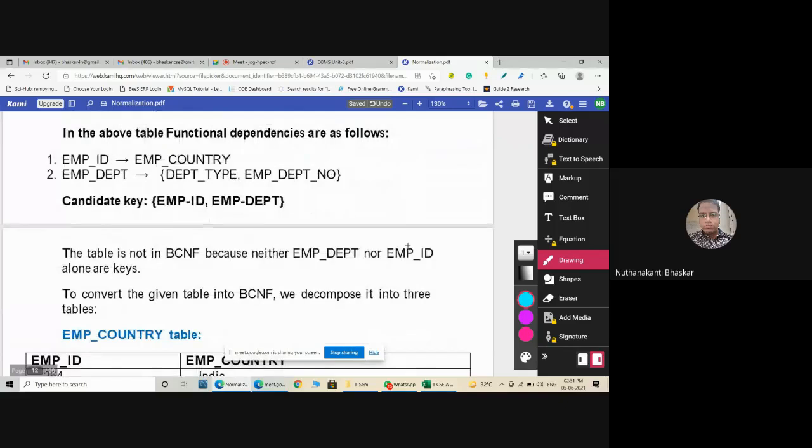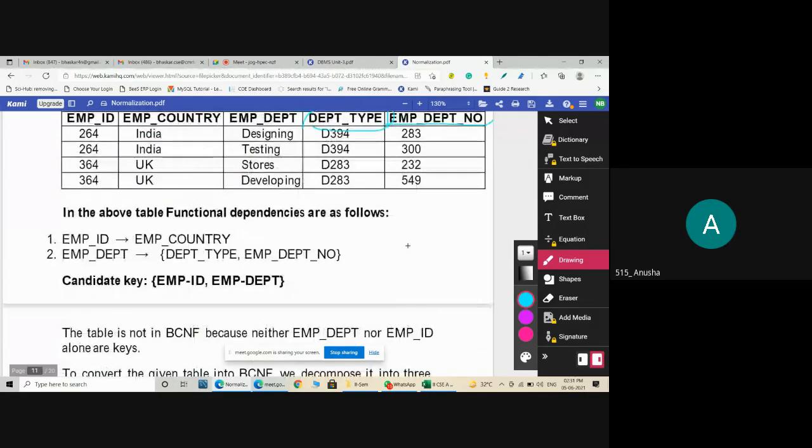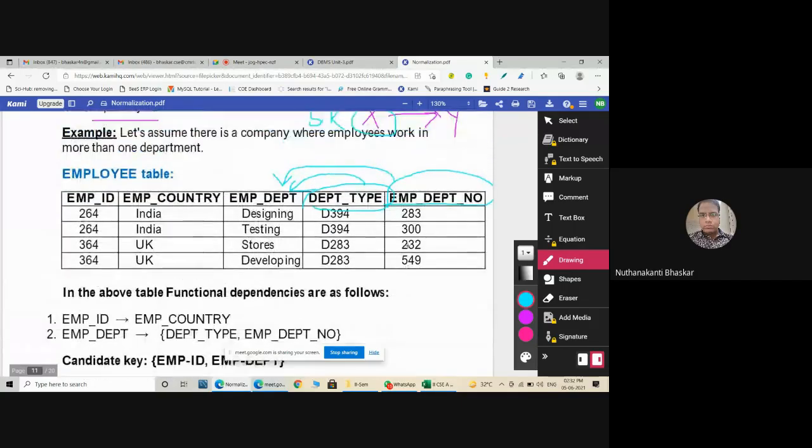Yes, sir. Now, in this, again, there is a chance that employee department type is also depending on employee department number. These two are depending on employee department number. Now, even employee department number is also depending on employee ID.